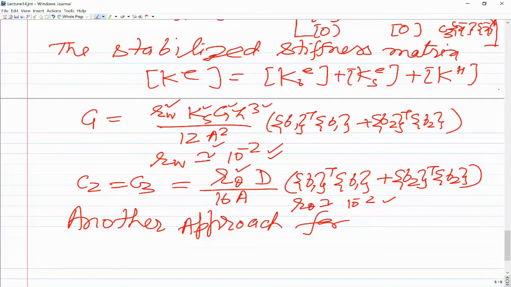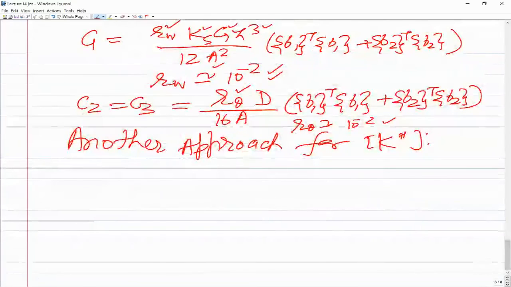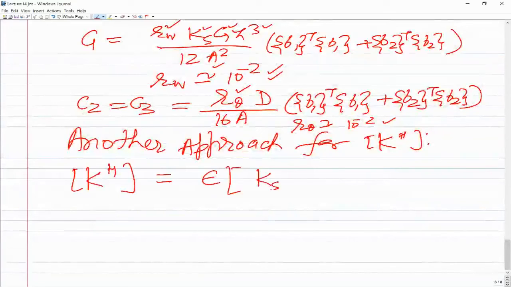Another approach for this hourglass stiffness KH is proposed in another paper by Belytschko, and this KH is used for the selective integration scheme. You take a constant epsilon, and as stiffness you take the shear stiffness evaluated using 2 by 2 integration minus the shear stiffness evaluated using 1 point Gauss quadrature integration.